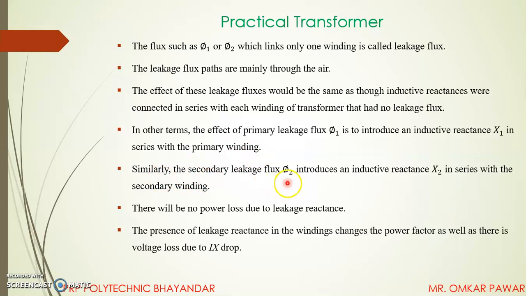Similarly, secondary leakage flux phi 2 introduces an inductive reactance X2 in series with the secondary winding. There will be no power loss due to leakage reactances. The presence of leakage reactance in the winding changes the power factor as well as there is a voltage loss due to the IX drop.